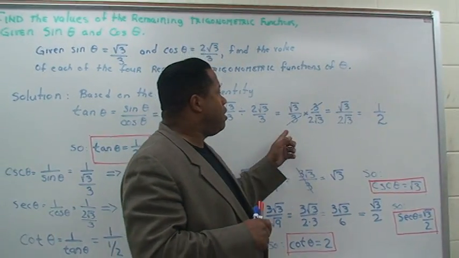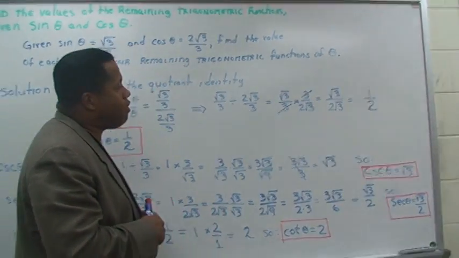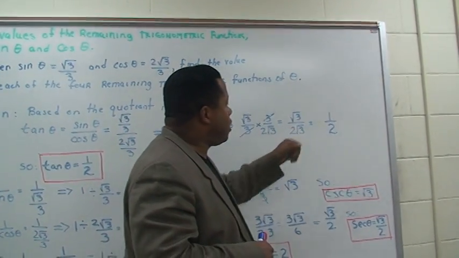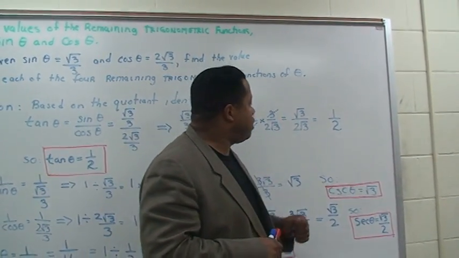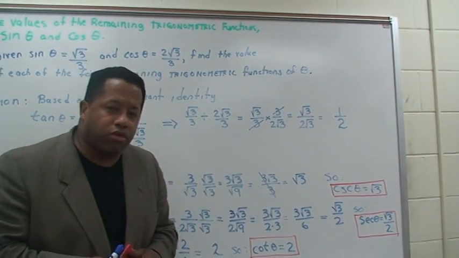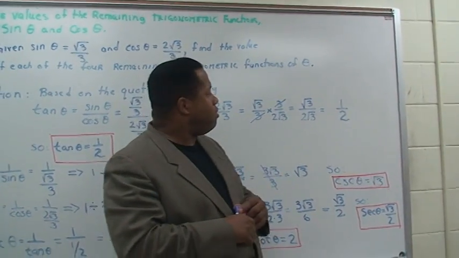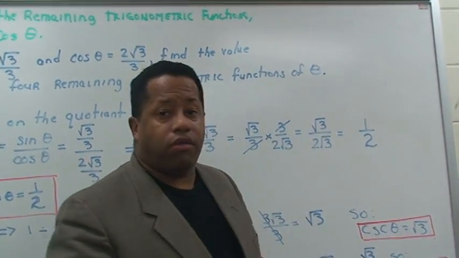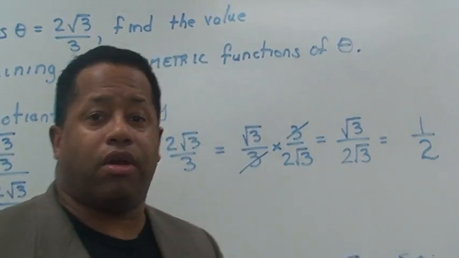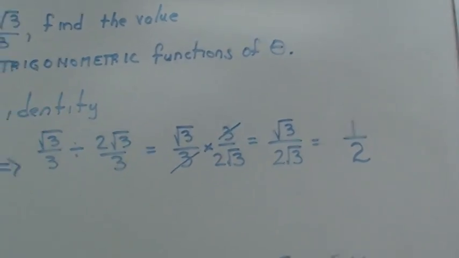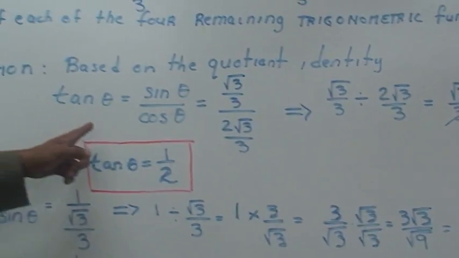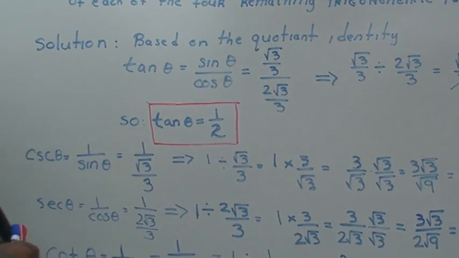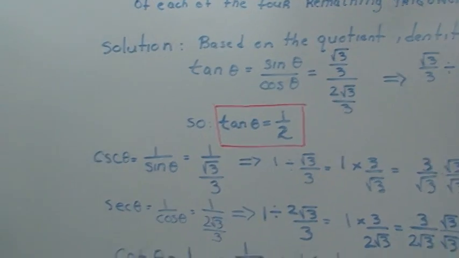With that, we cross cancel to simplify our answer. Then, when we come to the square root of 3 divided by 2 times the square root of 3, we can simplify by canceling out the square roots in the numerator and the denominator and end up with 1/2. So tangent theta, our value, will be 1/2.